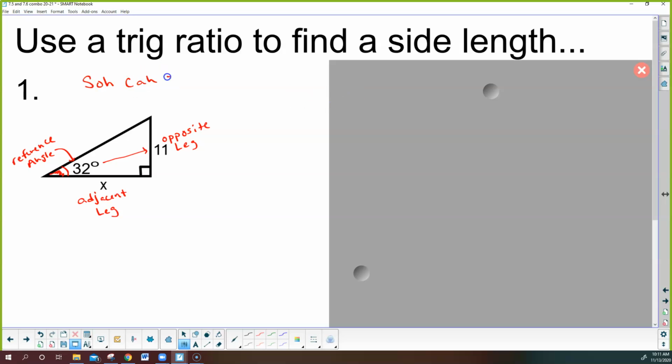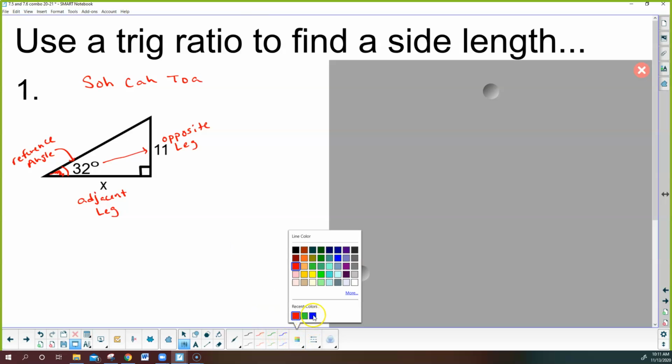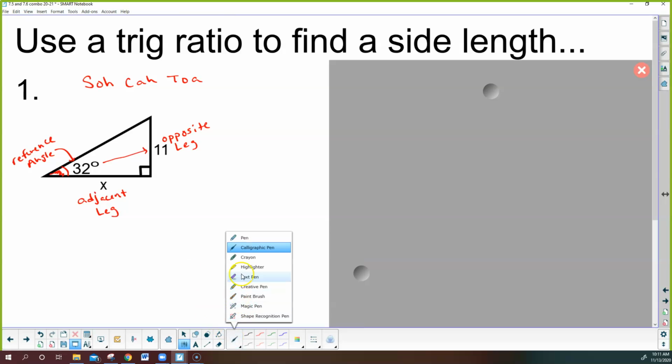But what does this tell me to do then? SOH CAH TOA. Now you have to know how to spell that because that's what's going to help us set up the ratios. But I want to look and see, okay, I have SOH CAH TOA. And what do I know? Well, I know the opposite leg. So I have the O, and I want to find the adjacent. I want to find X. So I have O and I have A. Which trig function has the O and the A in it?